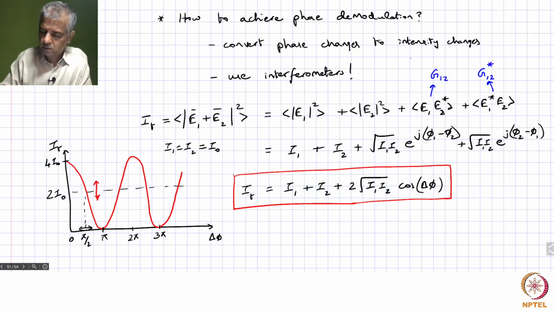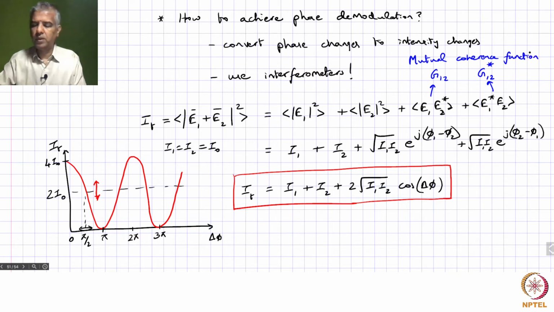So this is actually what is called the mutual coherence function. Okay, and that is a quantity with units in the order of intensity.